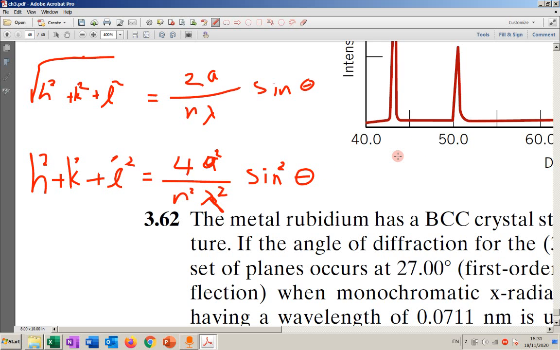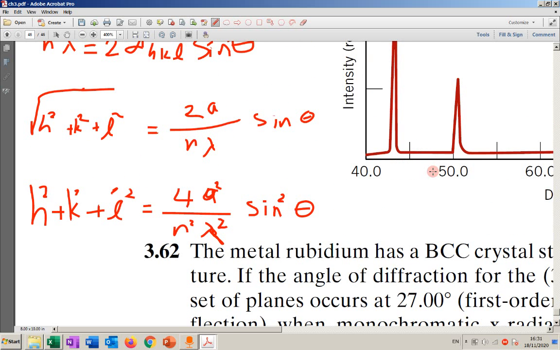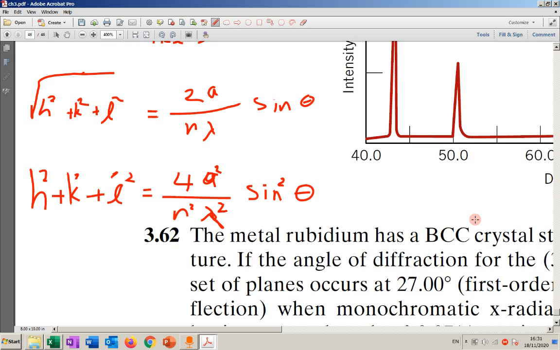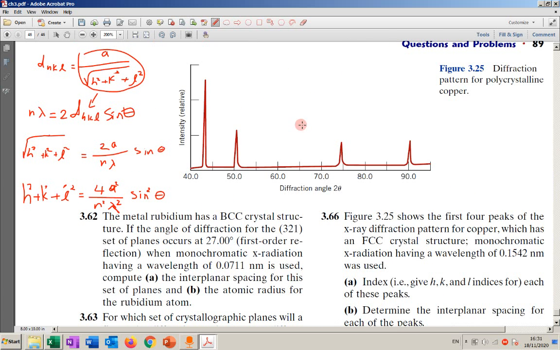Because we have one element, and the element has one crystal structure. The pattern that we are studying here is for a metal. Remember, chapter 3 mainly was focusing on metals. So we have only one crystal structure, which means every single peak has the same crystal structure.